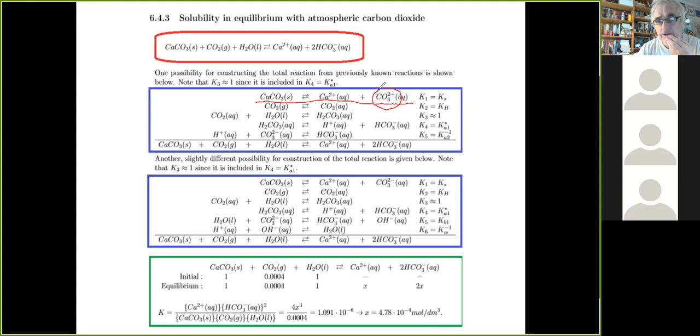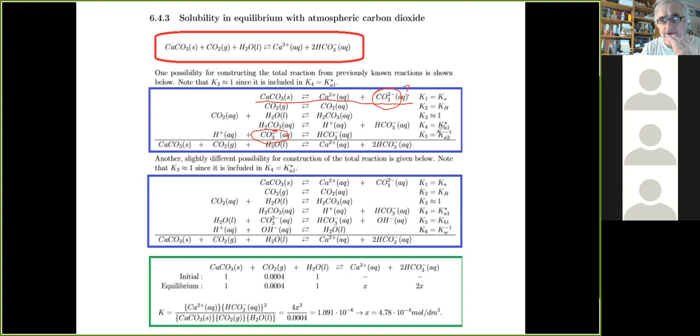What about this one? Is it stable or not? Well, we find it in some formulas. We find it here. For example, the inverse reaction of dissociation of hydrogen carbonate to carbonate and H+.